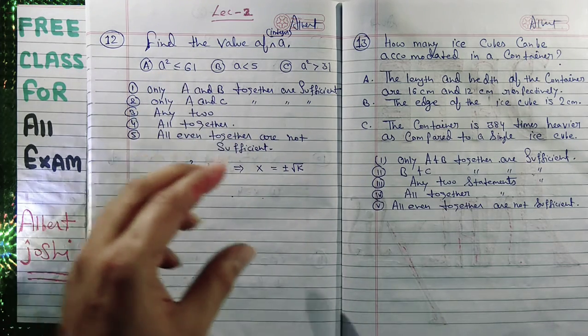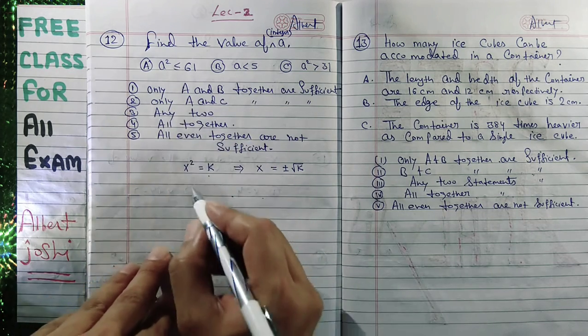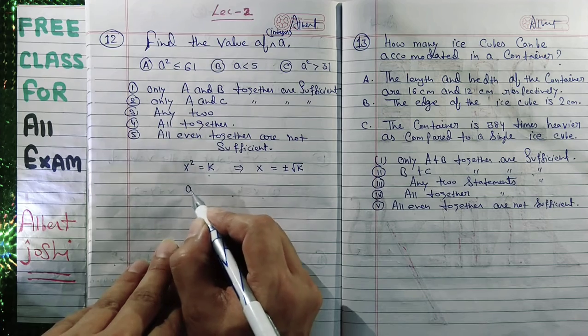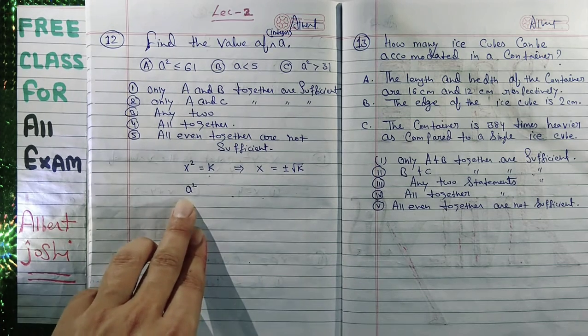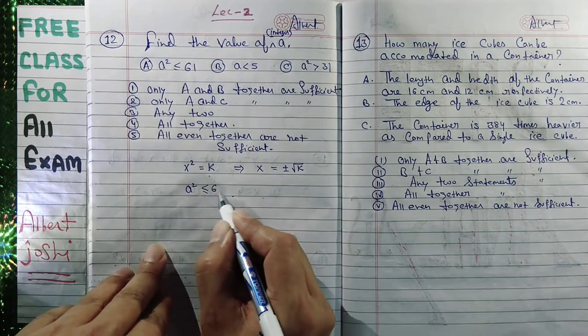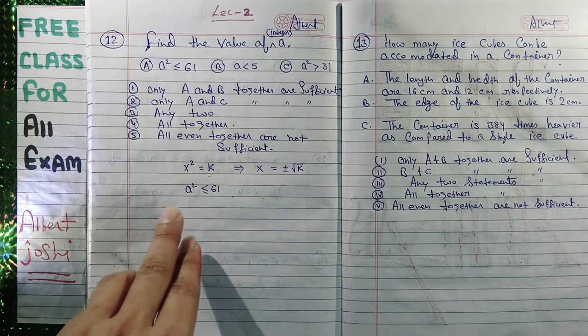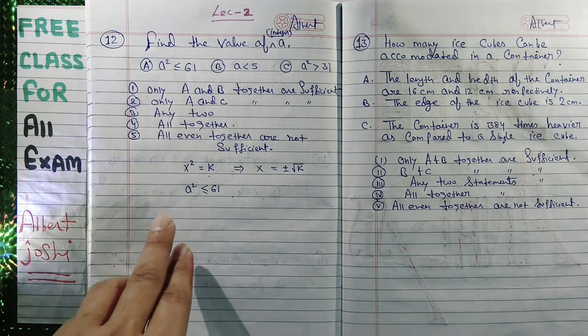If you have studied real analysis, then you will understand. So your value a square is less than or equal to 61. In this condition, what can you write?